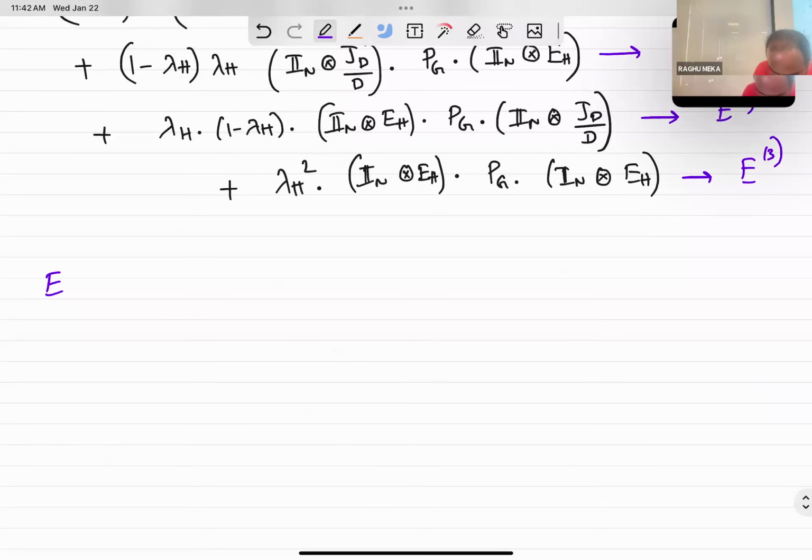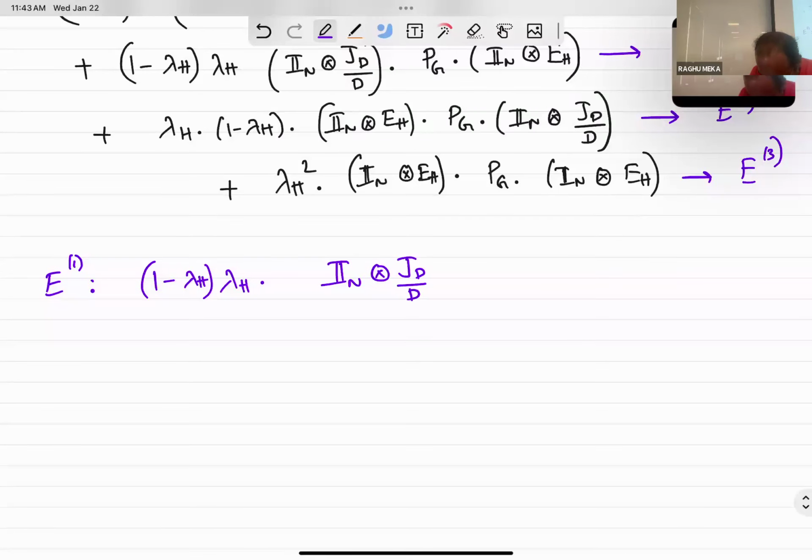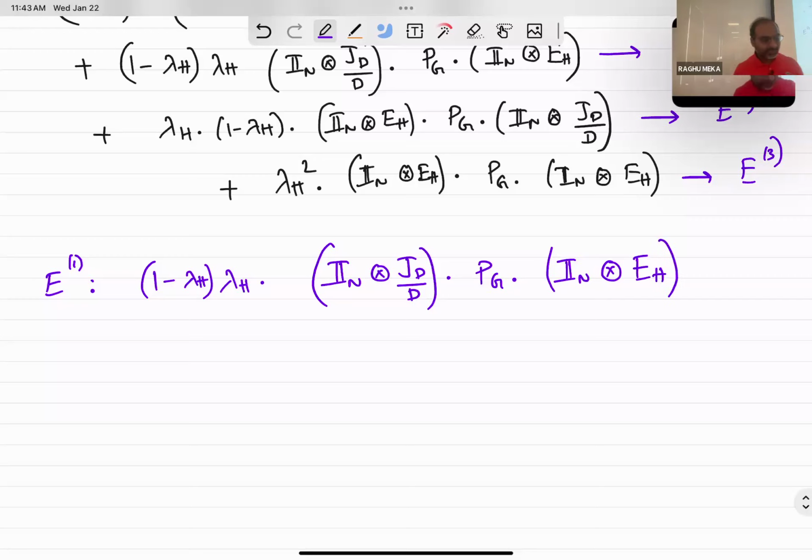So let's look at the error 1 term. What is it? It's (1 minus lambda h) times lambda h times this weird looking product. And if you want to control the error terms, you want to control the spectral norm of those error terms.